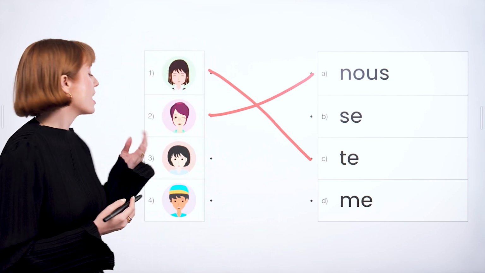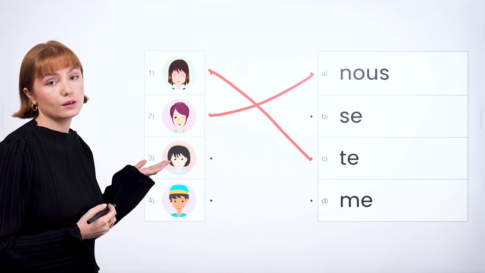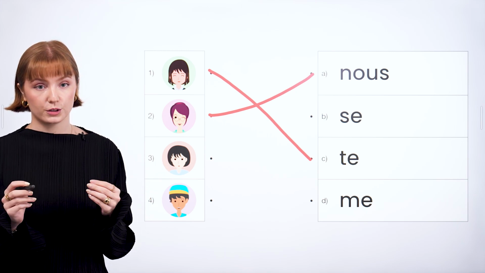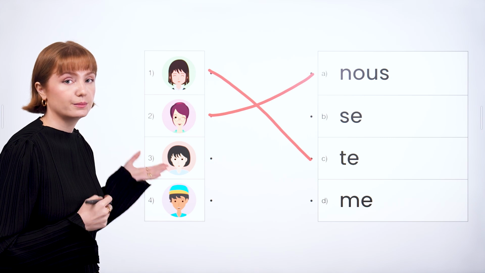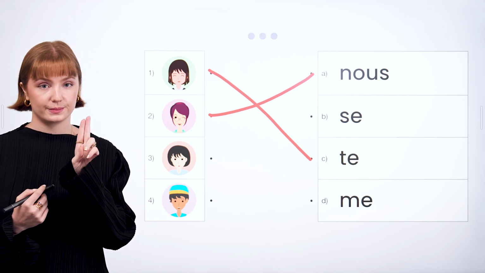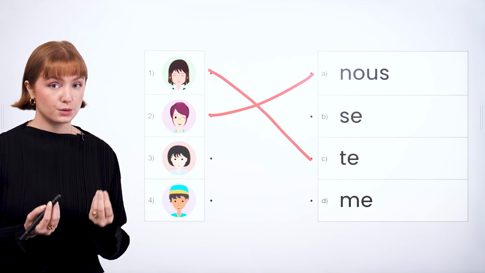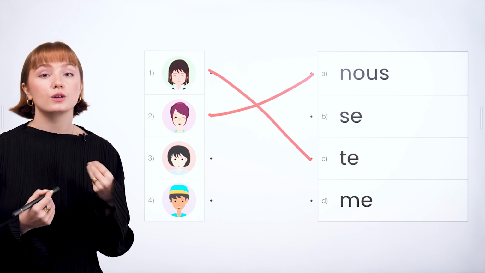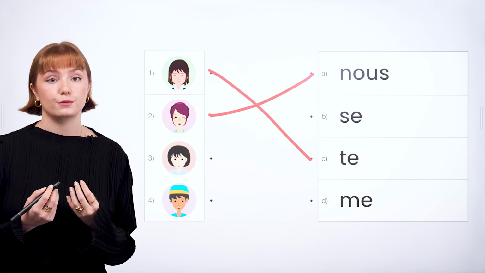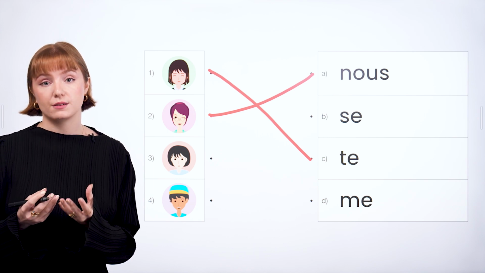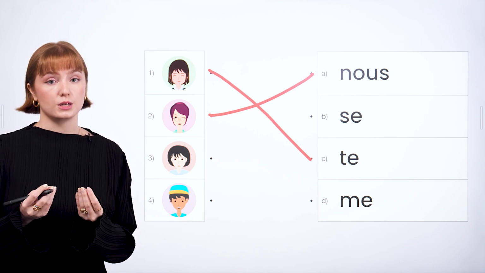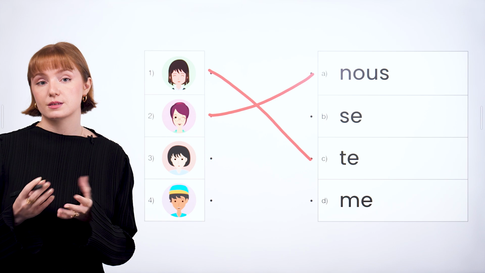Next, elle se maquille le matin. One more time. Elle se maquille le matin. Did you hear se? Se, meaning herself, in this sentence is used before a reflexive verb to show that the subject is doing the action to themselves.